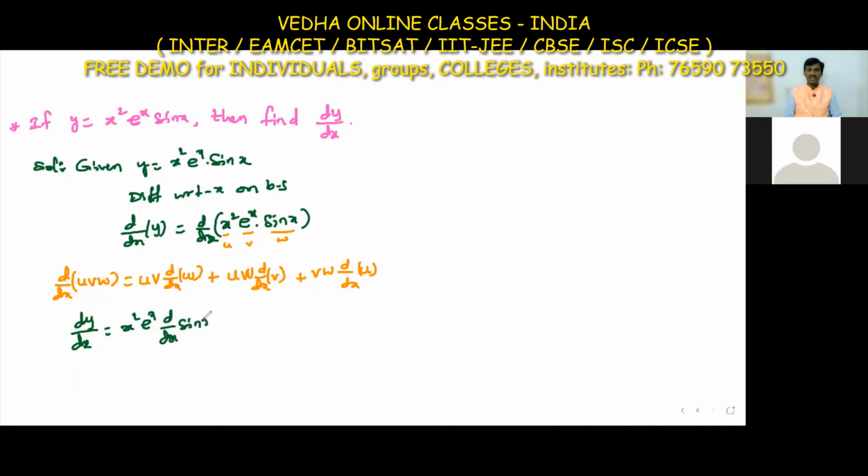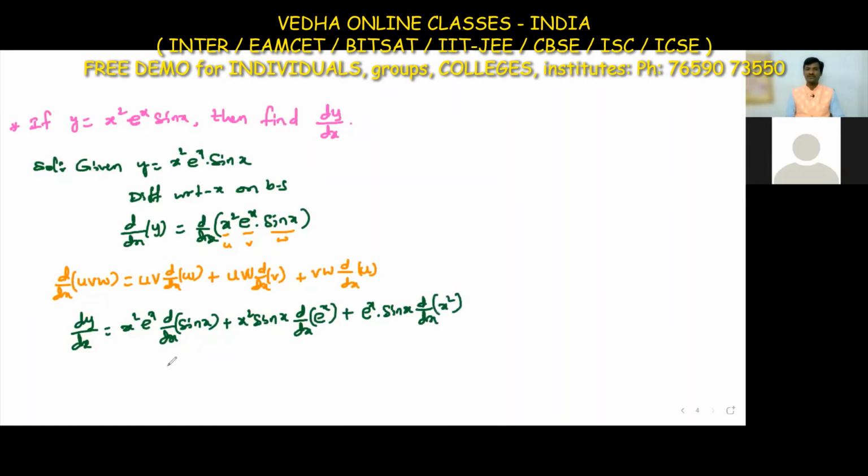d by dx of sin x, plus x square into sin x is outside and we are differentiating d by dx of e to the power x, and e to the power x into sin x is outside, d by dx of x square.